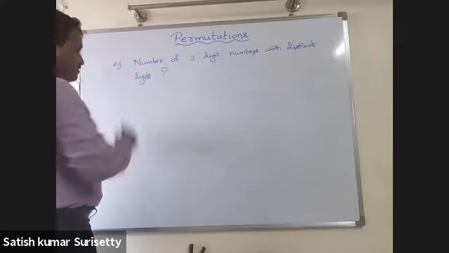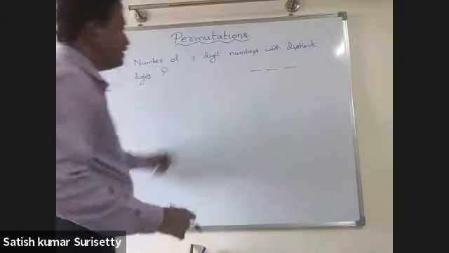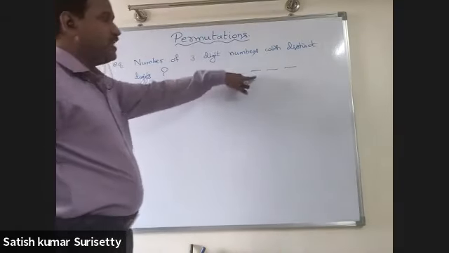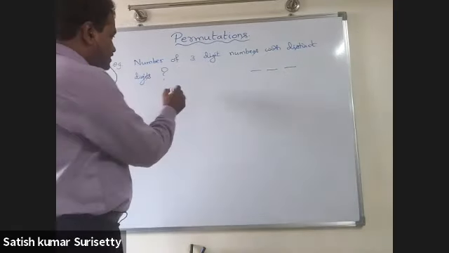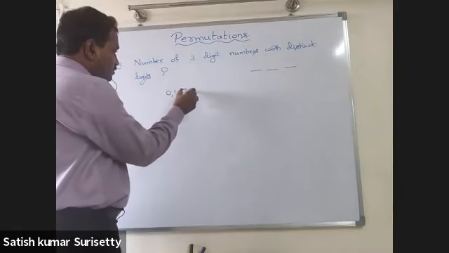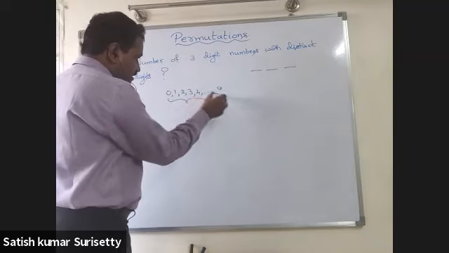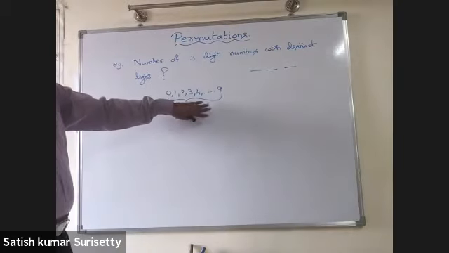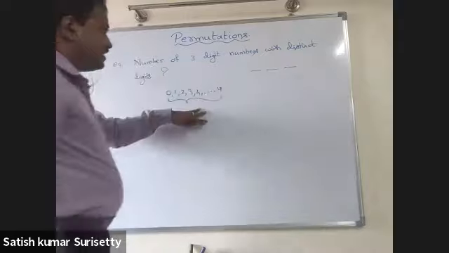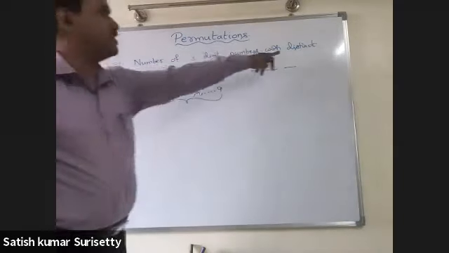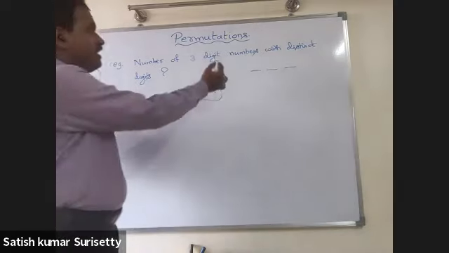So how many will be there? It is again like filling up blanks, because we need 3-digit numbers. So take 3 blanks. Now you have to fill them with digits. What are the available digits? 0, 1, 2, 3, 4, up to 9. So using these available digits, you have to fill the 3 blanks. The condition is that digits must be distinct, and it's a 3-digit number.